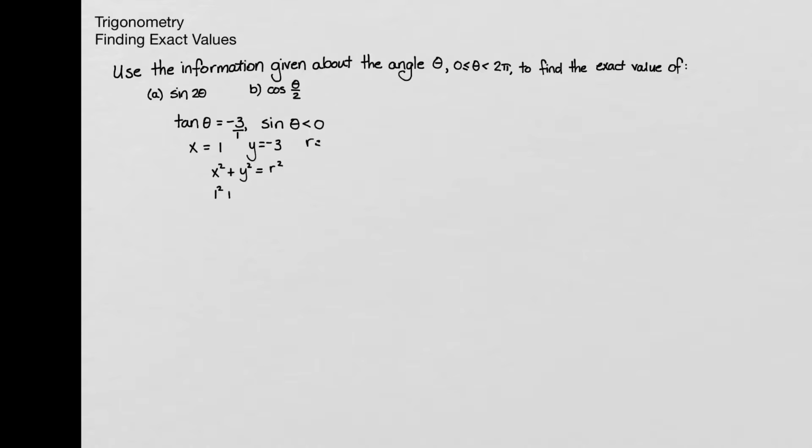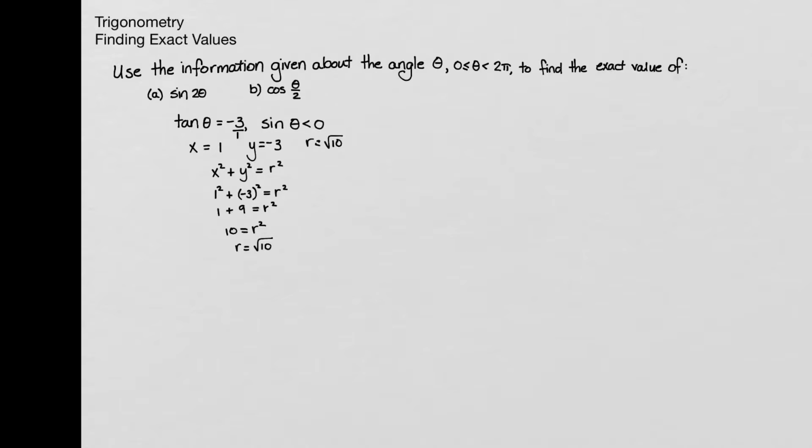So I have 1 squared plus -3 squared equals r squared. And so 1 plus 9 equals r squared, which would make r squared 10. And so r equals the square root of 10. And since r is always positive, we don't have to put a plus or minus there. And we get r is the square root of 10.